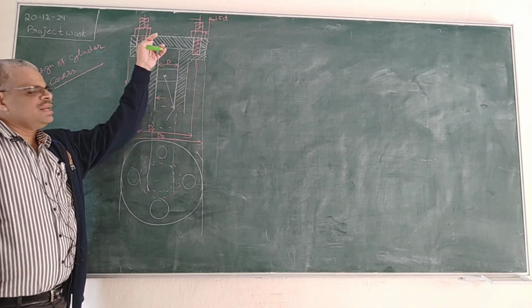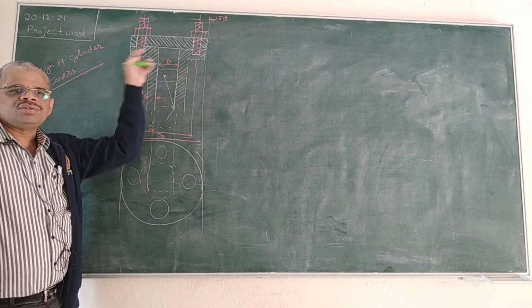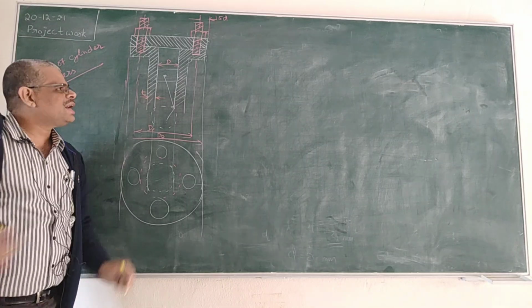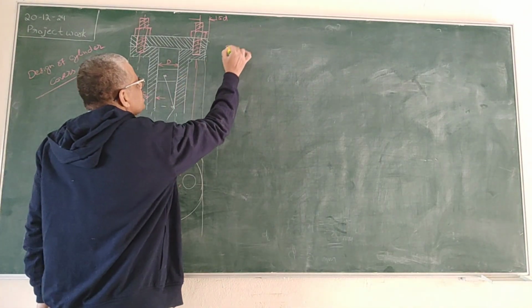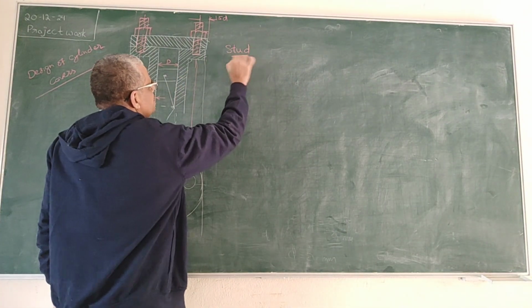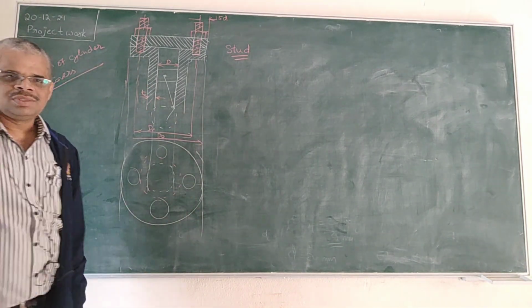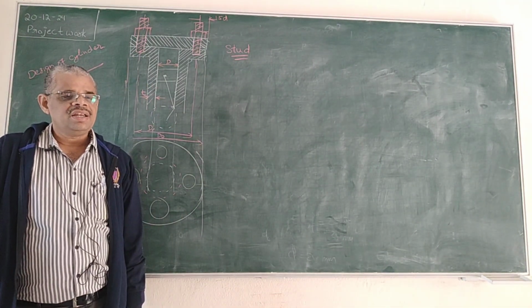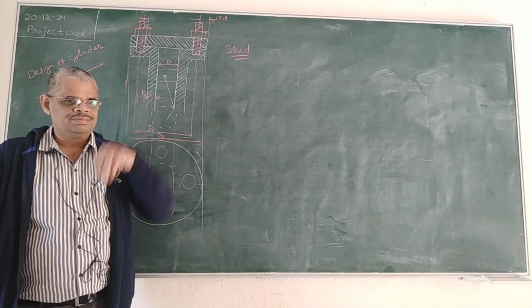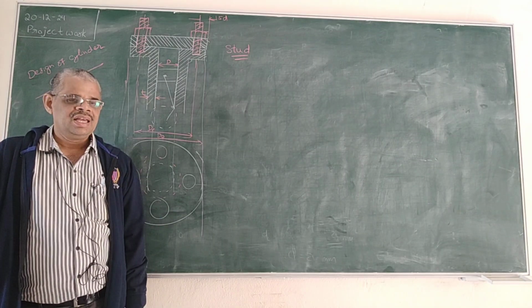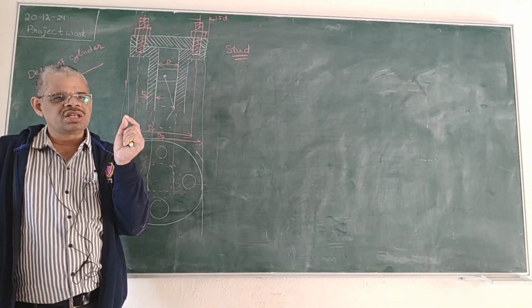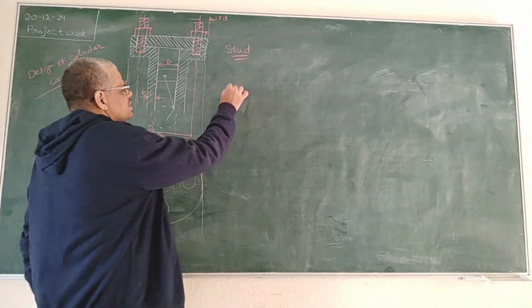And here, in order to join these two things, we use a separate type of bolts called as studs. What is the name of that bolt? Studs. So stud is also a type of bolt in which there is no head. Instead of that, it consists of threaded portions on both the ends. So it is like this.